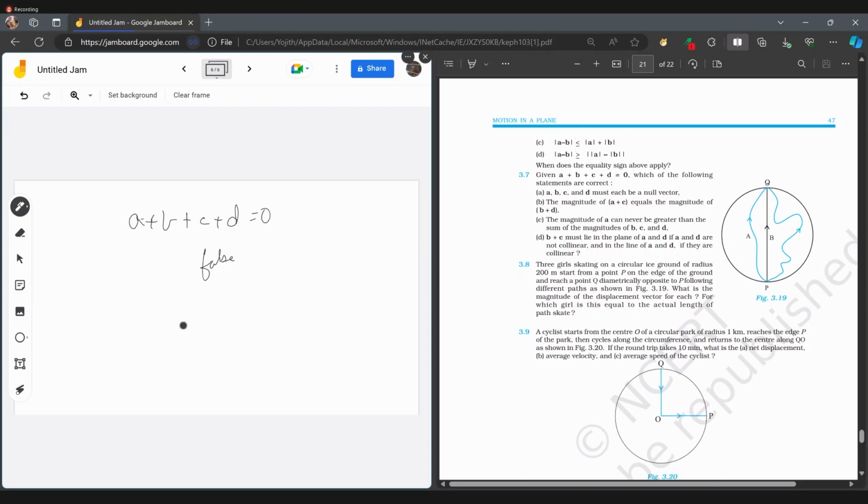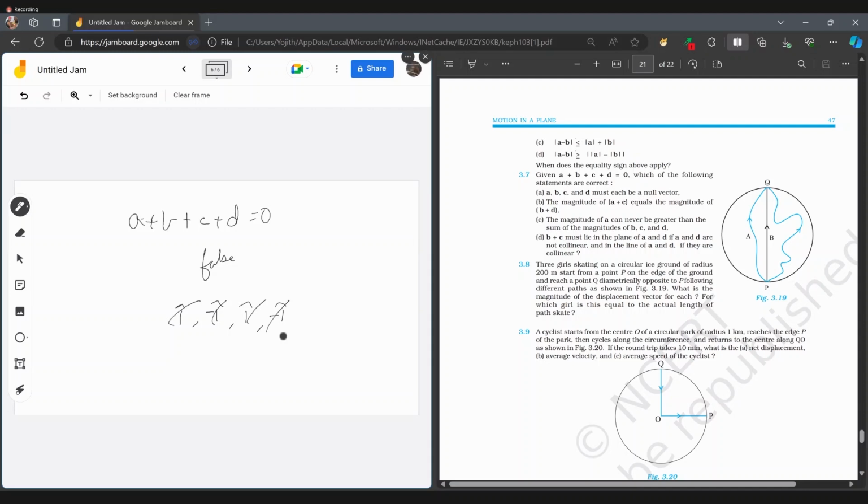Say A, I am giving I cap. Okay, B is minus I cap, C is I cap, D is minus I cap. Cancel, cancel, cancel, cancel. This is giving a null vector కదా, కానీ they are not zero vector. Okay, each null vector కాదు కానీ అన్నిటి సమ్ null vector వస్తుంది మనకి.